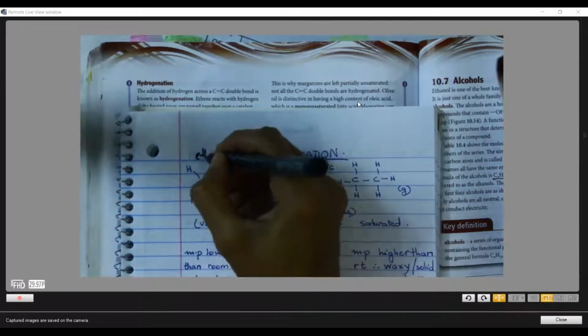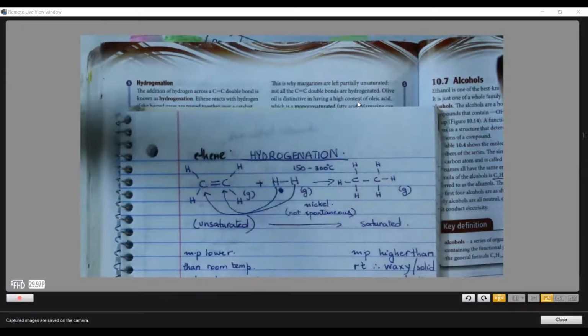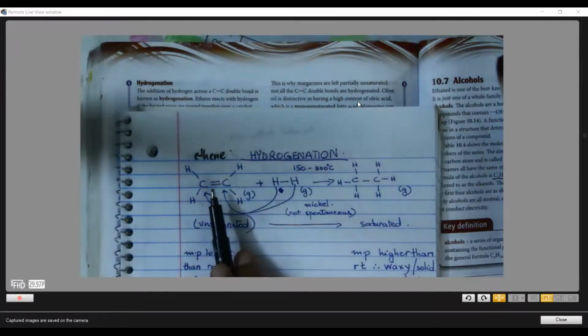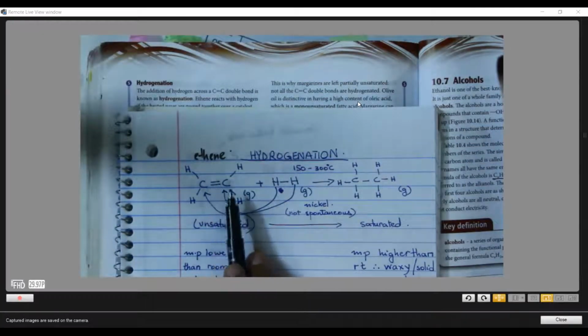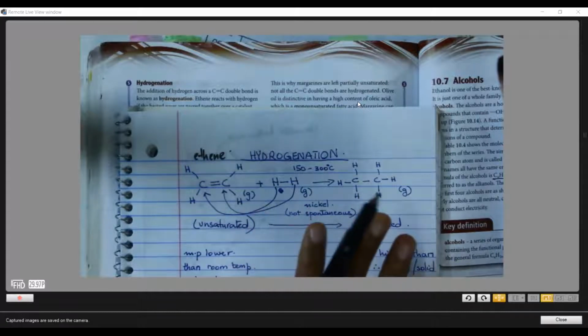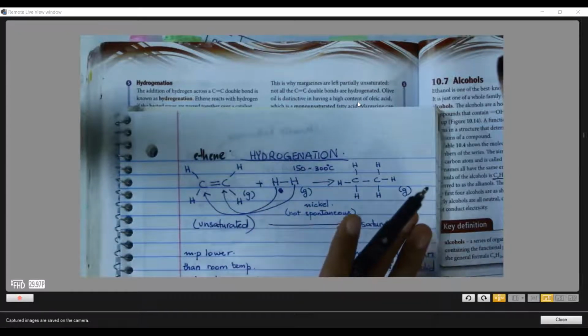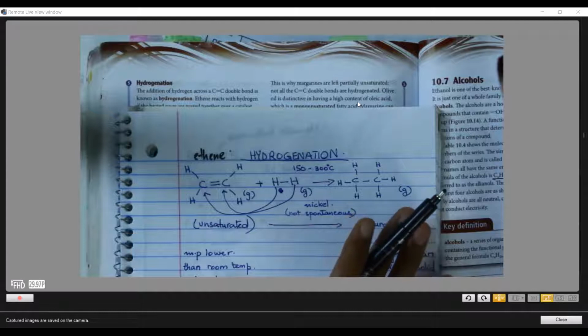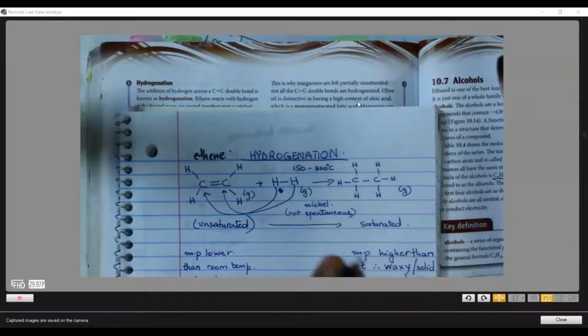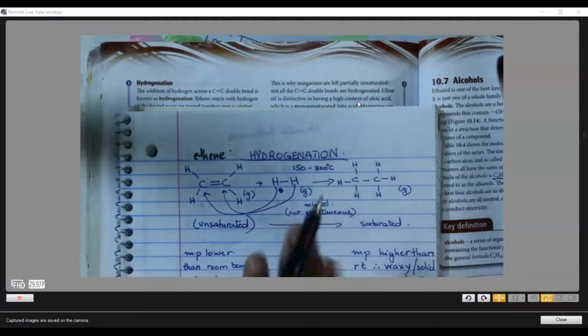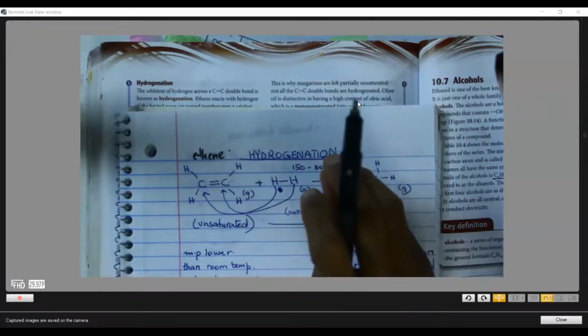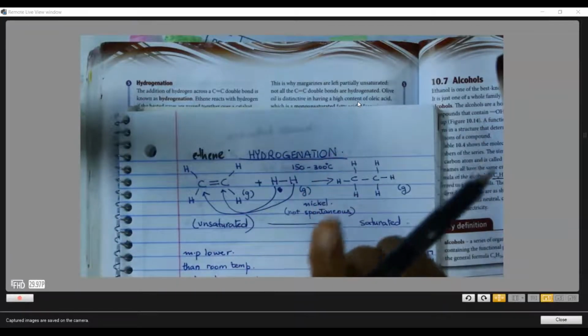Because it has 2 carbon atoms and it belongs to the alkene group. So this is the structural formula of ethene. Everybody knows how to draw a structural formula, right? You just have to make sure that each carbon atom has 4 bonds and hydrogen should have only 1.